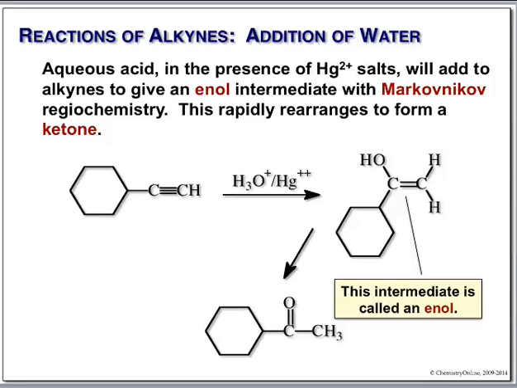Now, the thing we have to realize is that it doesn't stop here. Once we make the enol, this is going to rapidly convert to the ketone. But you can do this just in your head quickly by remembering we're going to get a ketone, going to get a carbonyl, and the oxygen is going to be bonded to the Markovnikov carbon.